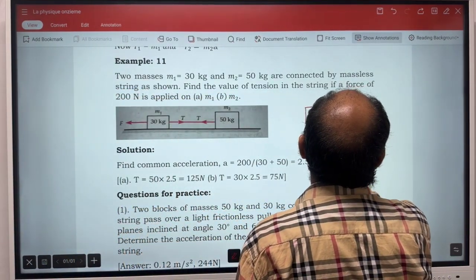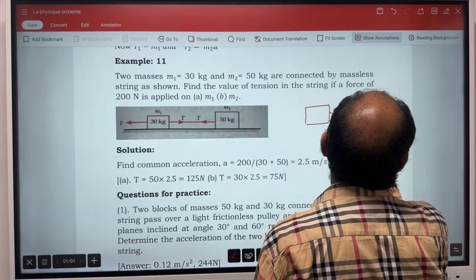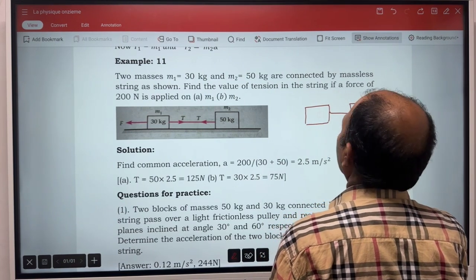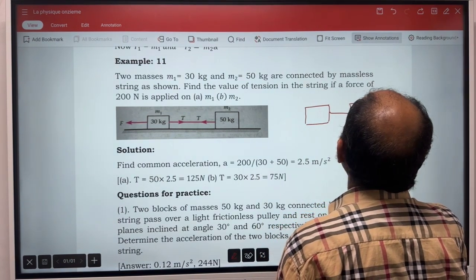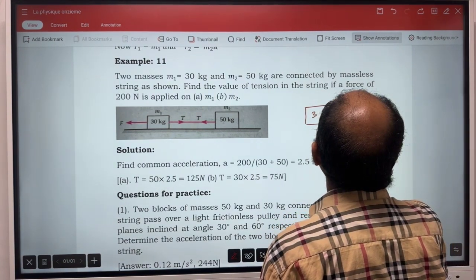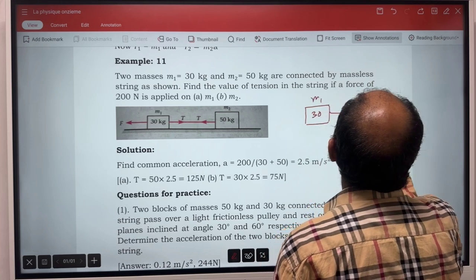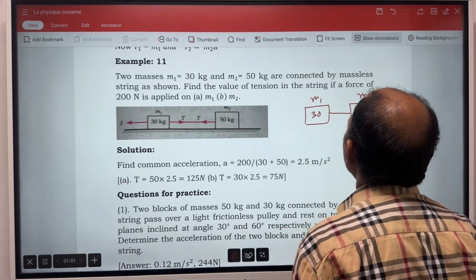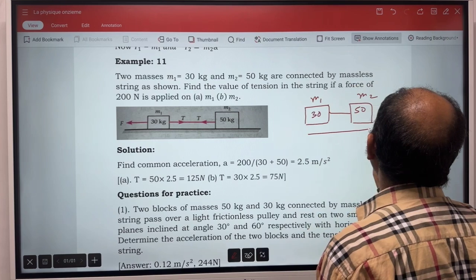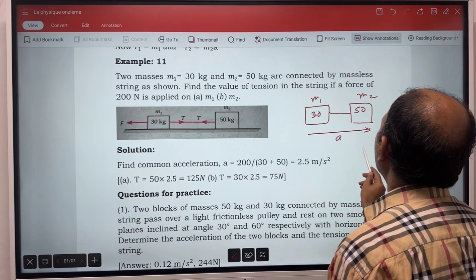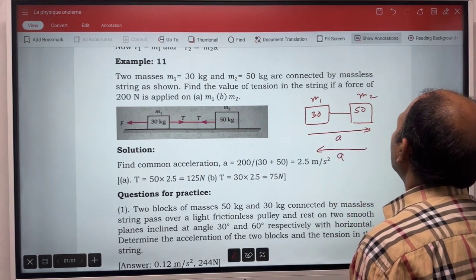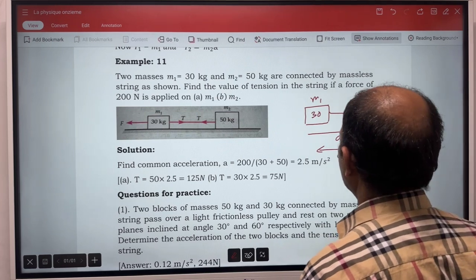Suppose this is one object, this is another object, and their mass is, this is 50 and another is 30. This is assumed to be M1, this is assumed to be M2. So when they move, in this direction or in this direction, there must be a common acceleration.